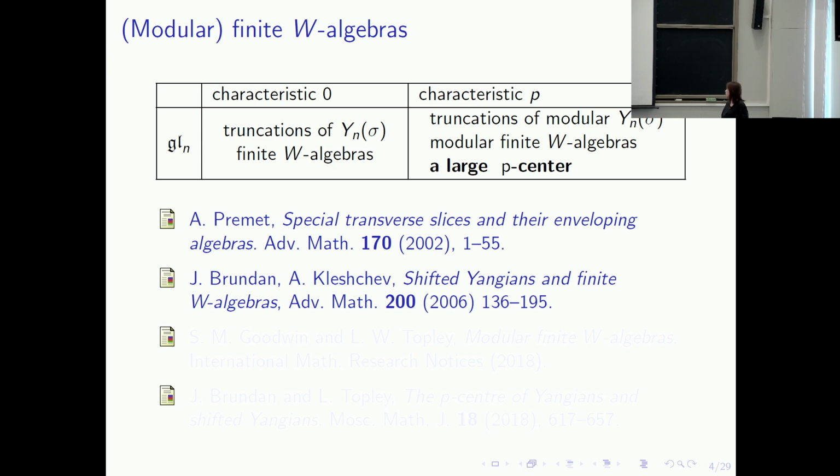Their result can be described shortly as follows. A finite W algebra is isomorphic to a quotient of some subalgebra of the shifted Yangian for type A Lie algebras.